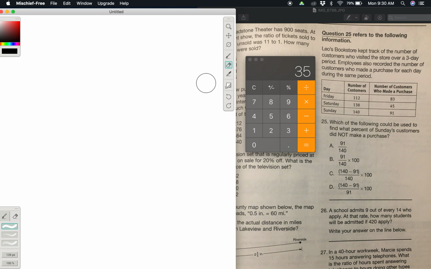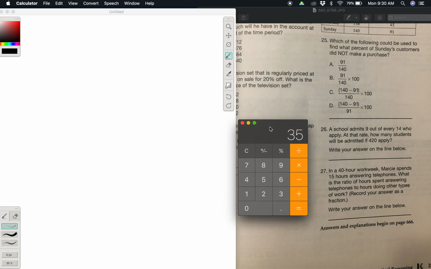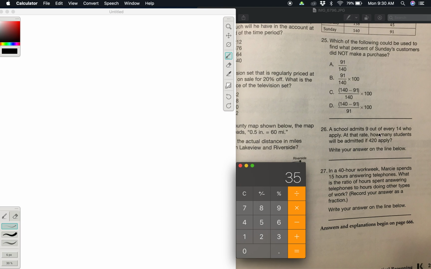Okay, now number 26. A school admits that it failed miserably in teaching the kids. No, just joking. A school admits 9 out of every 14 who apply. And this is not the admits like to confess.